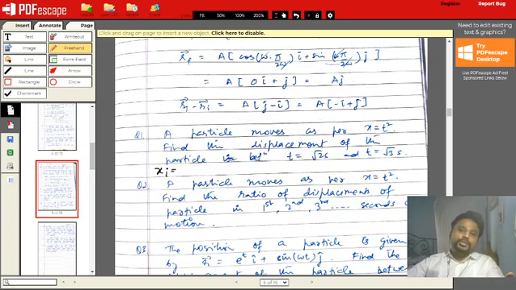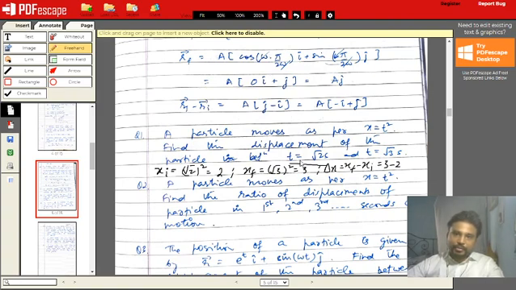The particle is initially at t equal to root 2 seconds. We substitute root 2 in our equation, which is t square. Root 2 squared gives us simply 2. And similarly, for the final position, root 3 squared is simply 3. The displacement of the particle is simply final position minus initial position. That is 3 minus 2, that is 1.